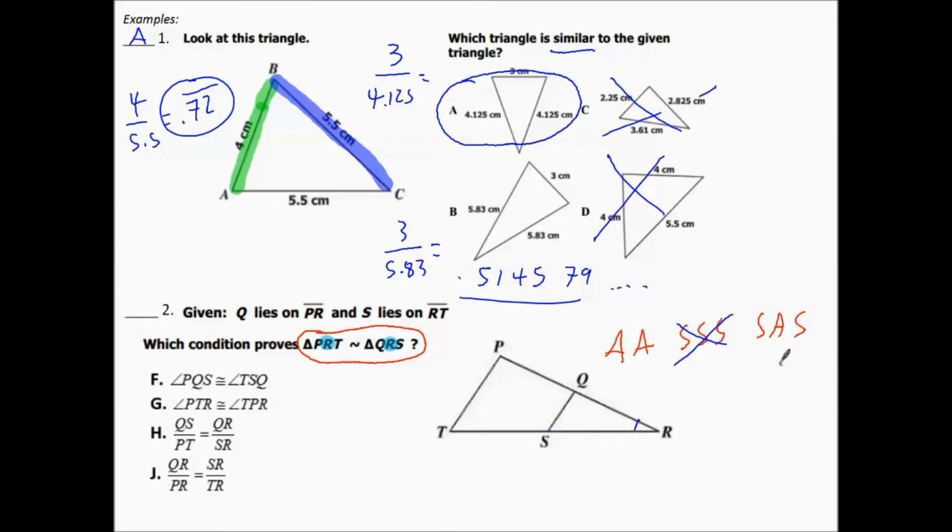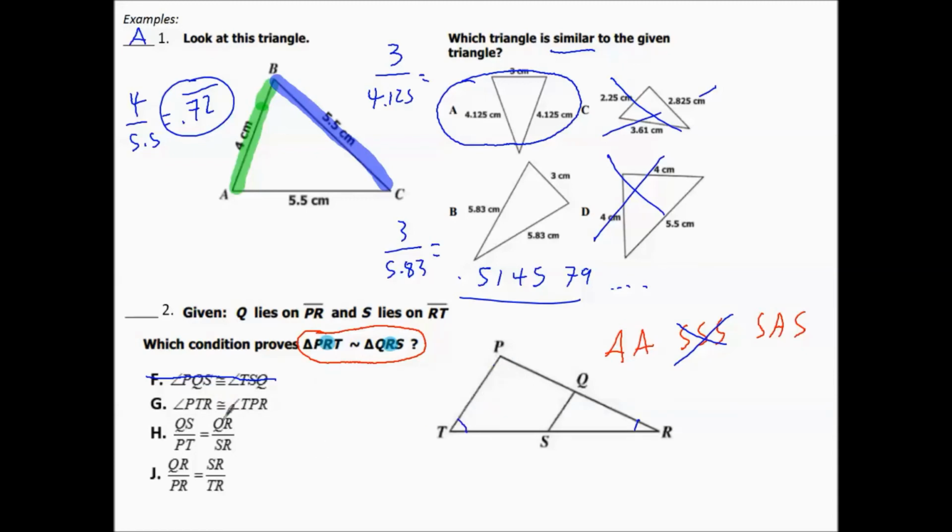If not, we're going to have to go and figure out side, angle, side. So let's check real quick. PQS, that's here. That wasn't any of the angles that I just showed, and it's actually not a part of any of the vertices, meaning the corners of these triangles. We can finish reading this. TSQ is down here. That doesn't help us at all. Letter F is out. Let's check here.